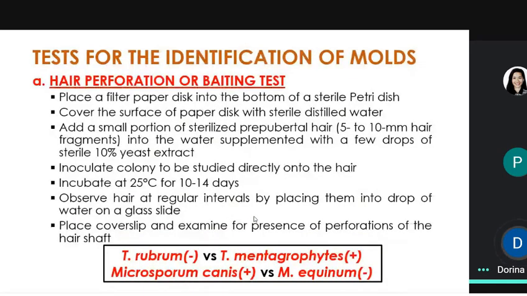So commonly, you have the hair perforation test. What is hair perforation? From the word perforation, you check whether the dermatophyte can penetrate the hair. From the perforation test, you can already differentiate rubrum from mentagrophytes, or canis from equinum.